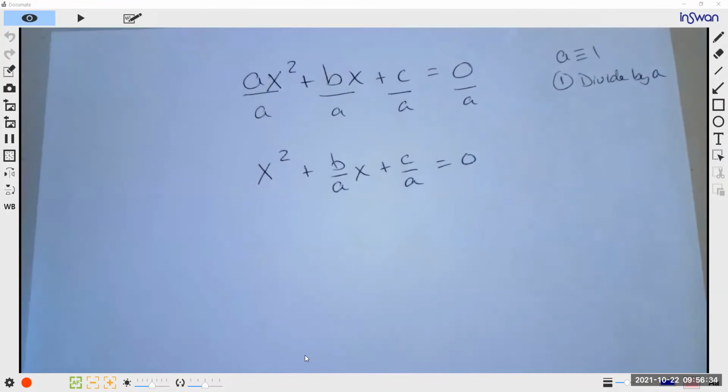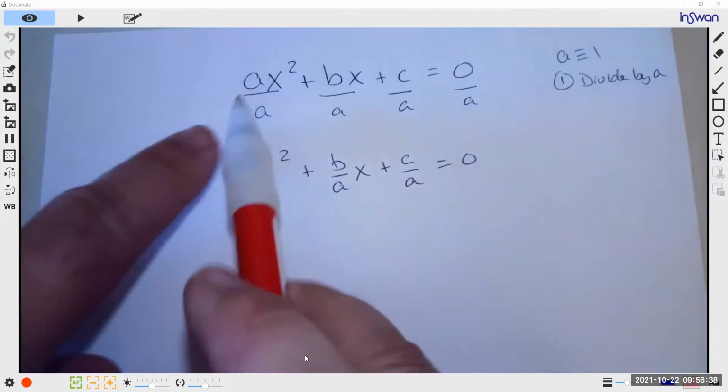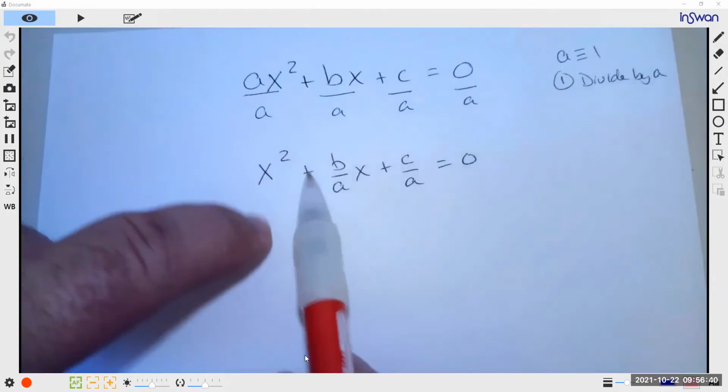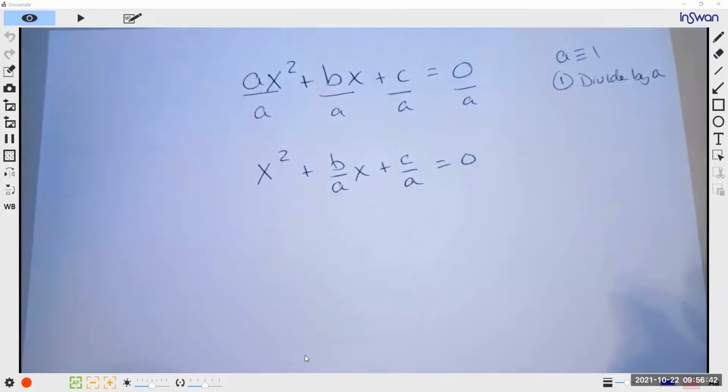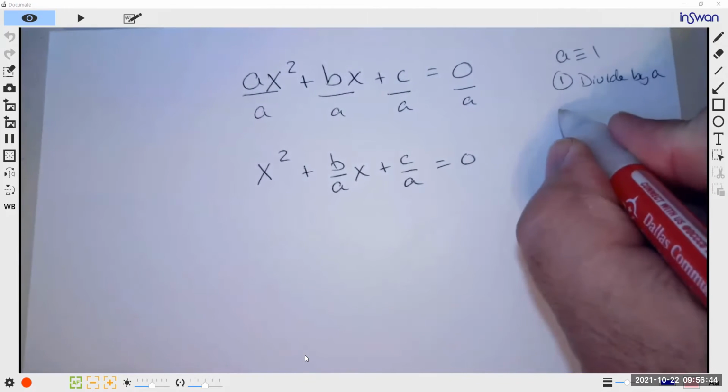This is the reason I'm putting it on one sheet by itself. If you have an equation, just plug a, b, and c in there, and it'll work out the same way.